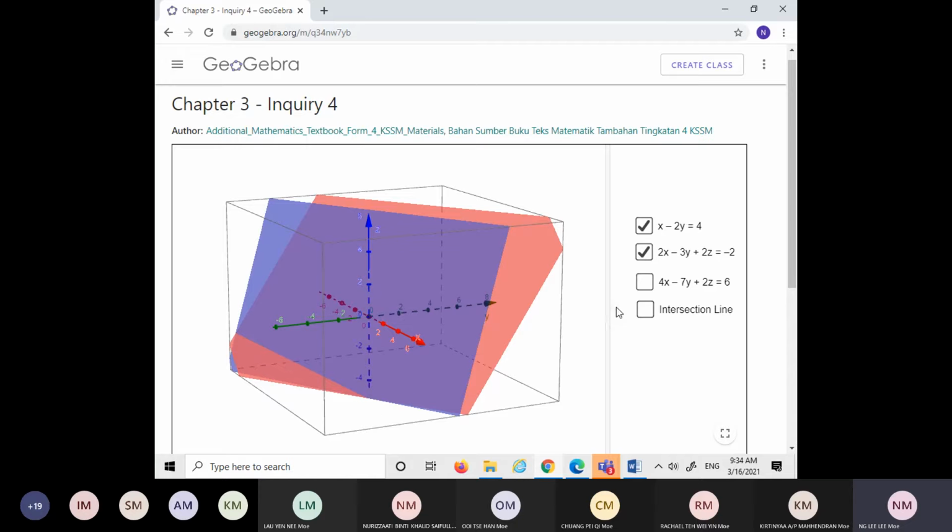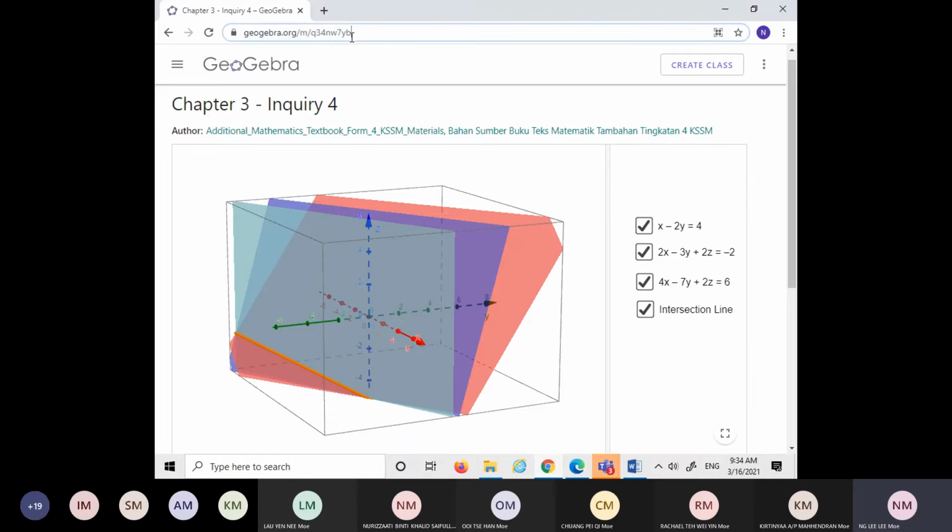Now we are going to call out the third one. Okay, see, also at this line. Therefore, if the planes intersect along a straight line, they have infinite solutions. It means they can have a different set of solutions of x, y, z. So this is the intersecting line. This is the one. So this is the second type of form of solutions.